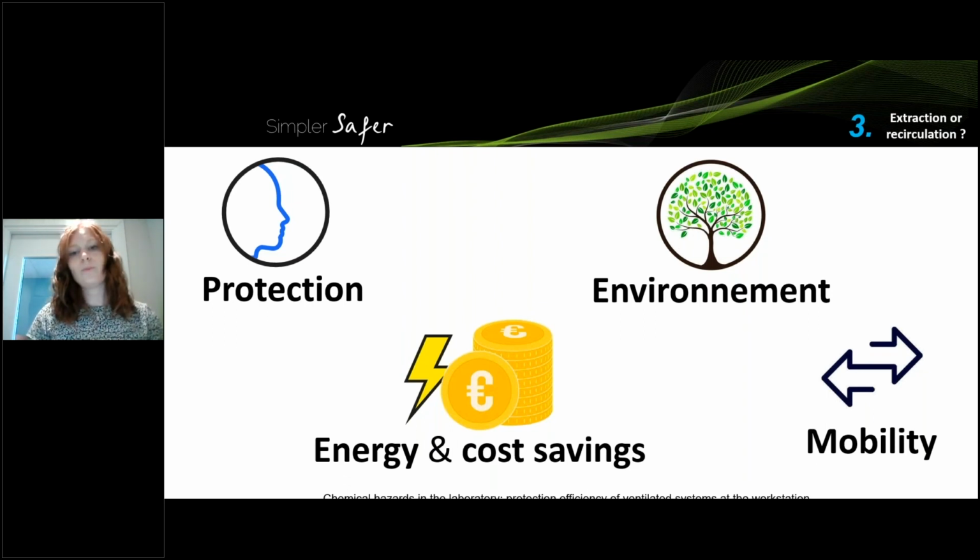And there's the environmentally friendly side of the ductless fume hood, as their energy consumption is so low, as well as the fact that there is no toxic release into the atmosphere. High energy and cost savings, as we've seen before, and the mobility that is required more and more in laboratories.